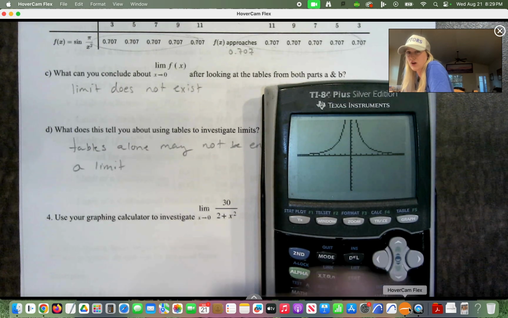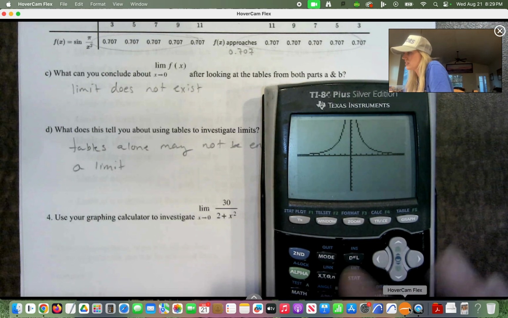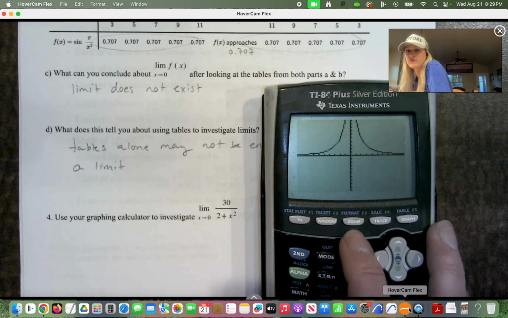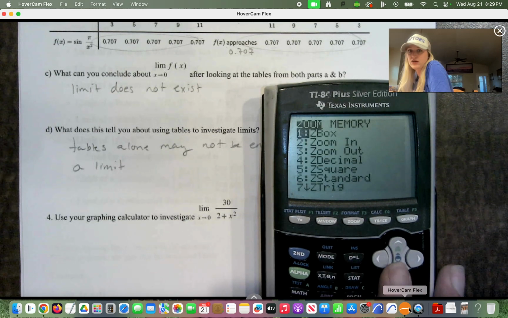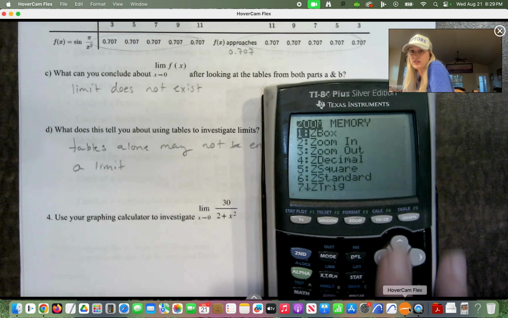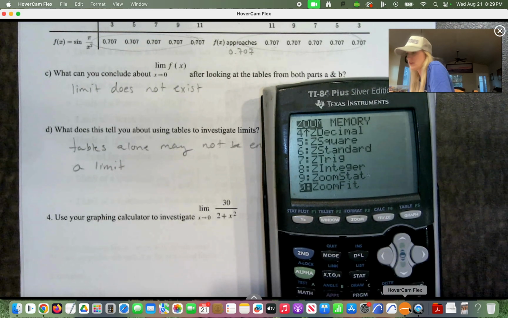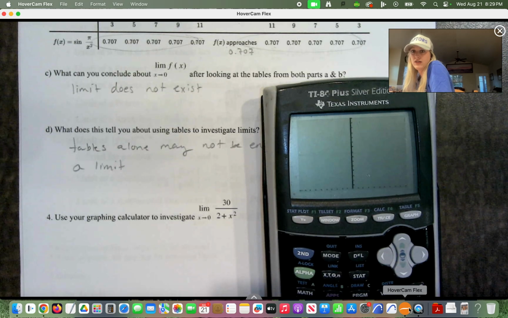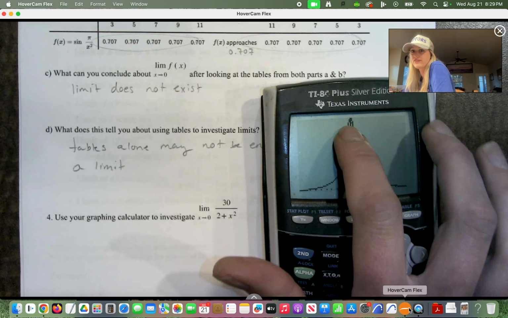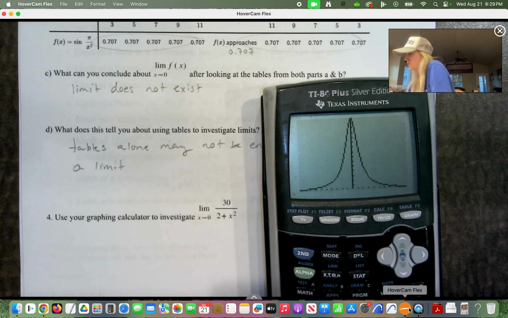And so because our window is set to a standard one, there's this cool option of zoom. And then we can go to zoom fit, which is option 0 for me. And then it's going to try and fit the majority of my graph. So I actually here can see that, hey, it crosses a value at 0. So that's the value that my graph is approaching.